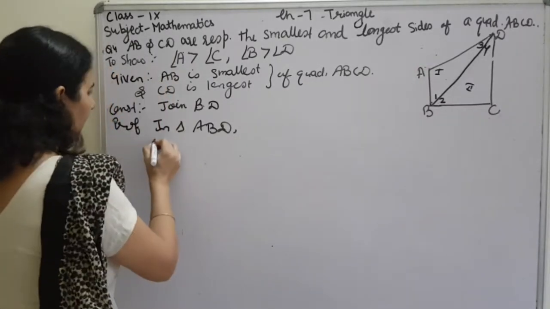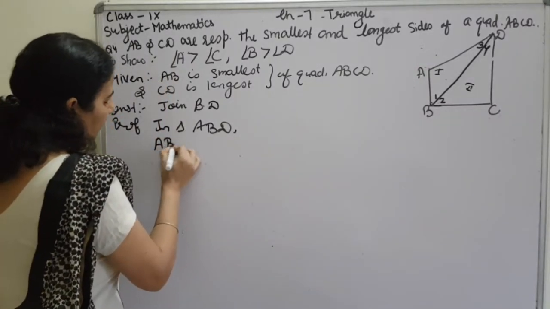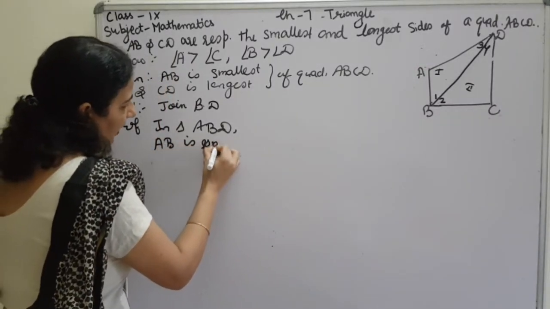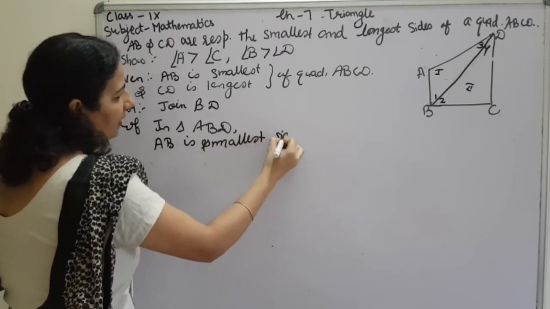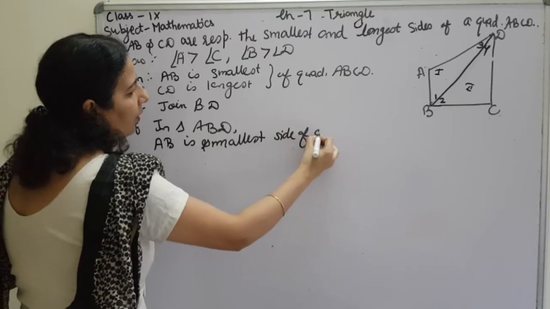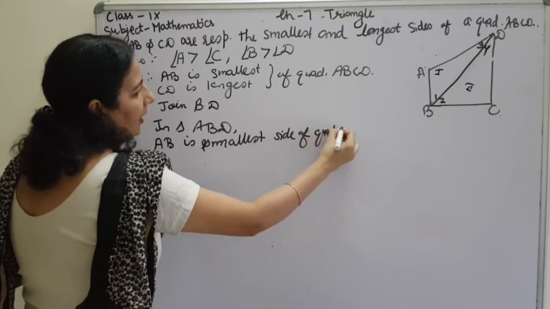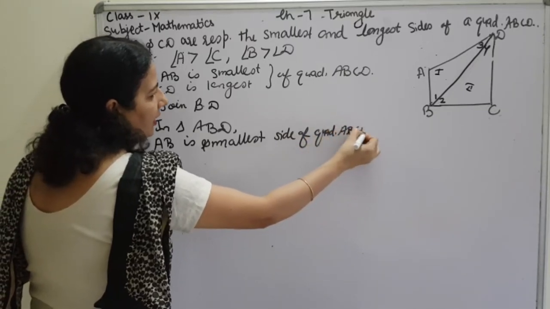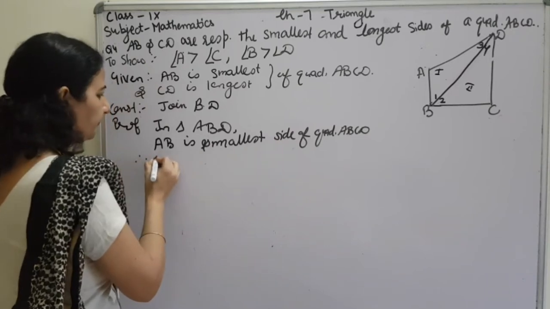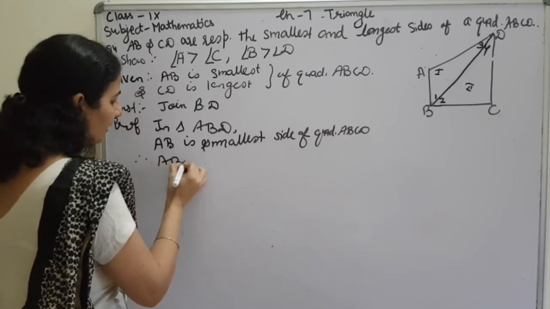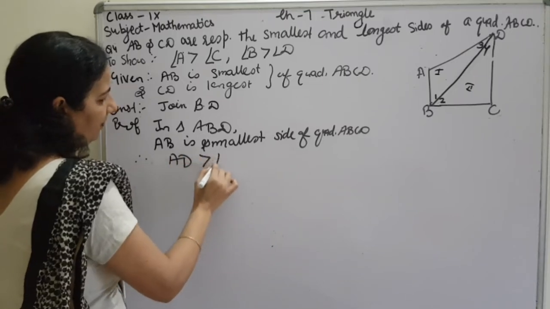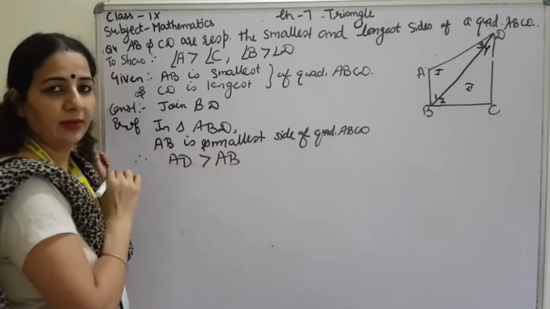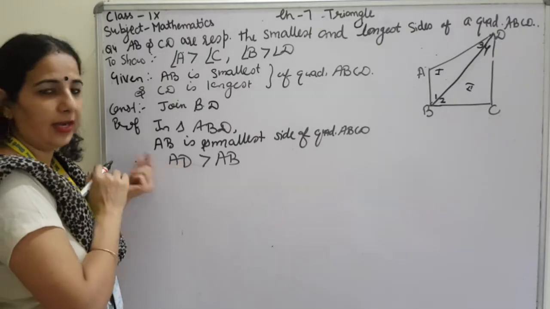So what will I write? AB is the smallest side of quadrilateral ABCD. Therefore, I can write AD is greater than AB, because AD is also a side of the quadrilateral.